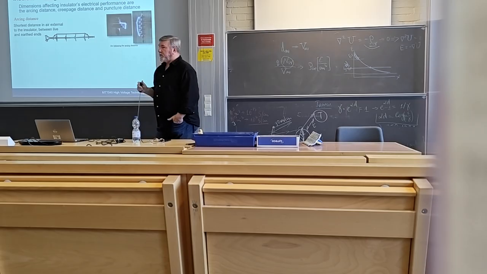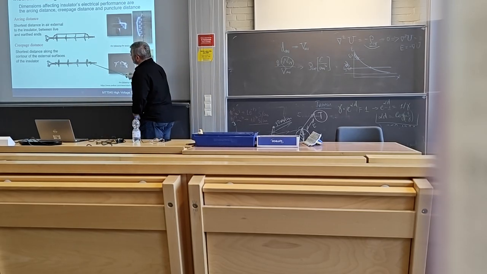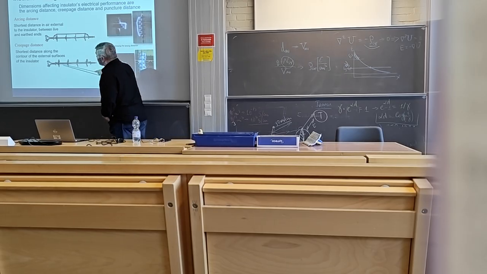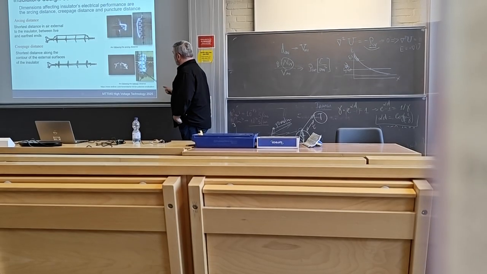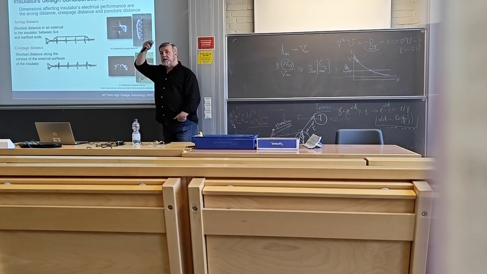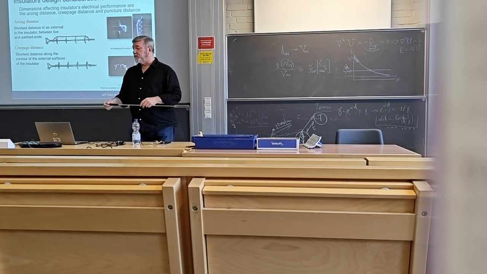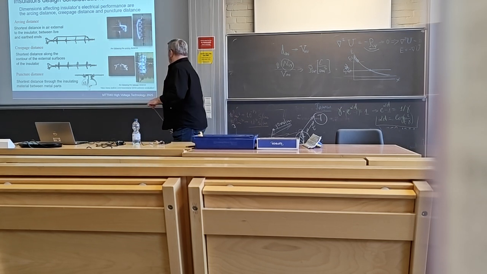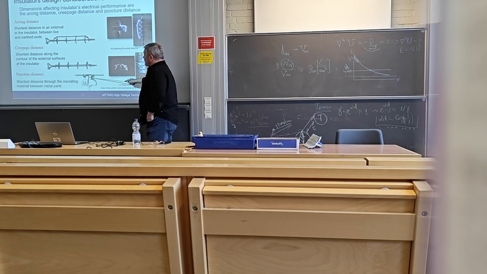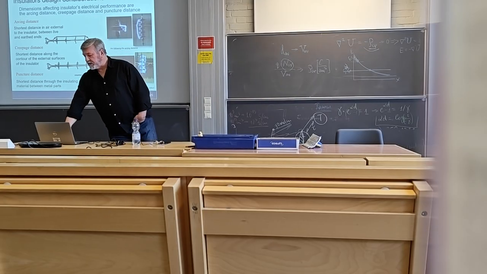So this is called arcing distance. This is called creepage distance. Then this is the shortest path along the surface, like that. And then the breakdown happens like this, just following the shape of the insulator. And that's one of the ways to control the performance of the insulators under certain conditions, shaping it. And then puncturing, of course. So one can have a puncture of the insulation body, which quite rarely happens. The air at the interface is a much weaker part of the insulation.